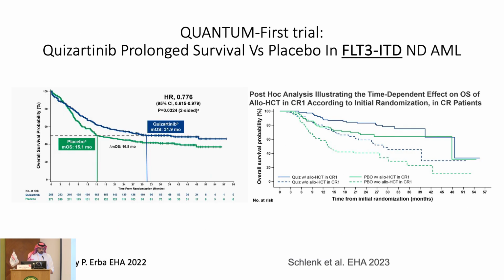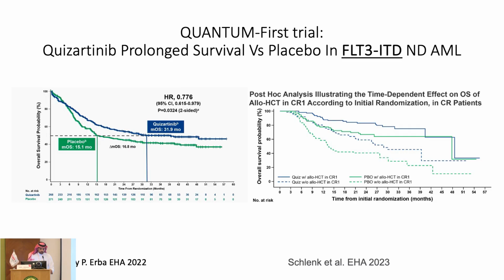Similarly, more recently, quizartinib, which is FLT3 specific, has been approved in the upfront setting based on the QuANTUM-First trial. Again, newly diagnosed AML, but FLT3 ITD only patients who received quizartinib in the induction, followed by consolidation as well as maintenance.